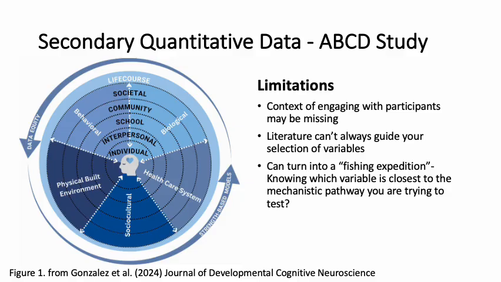What did that interaction between the research assistant and the participant look like? Some of those qualitative things can be important when you think about the quality of the data, how the data was collected, and what it means in terms of interpreting your data. So these are just a few of the limitations of using a secondary quantitative data set.